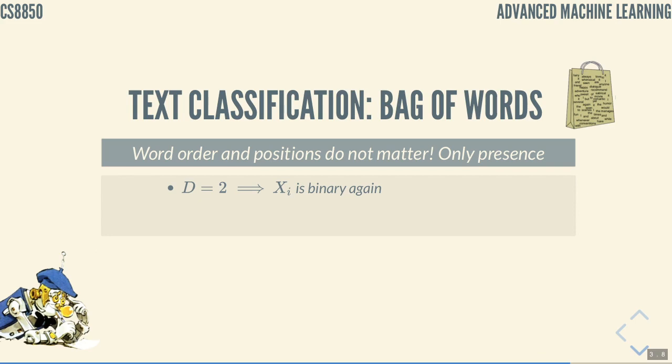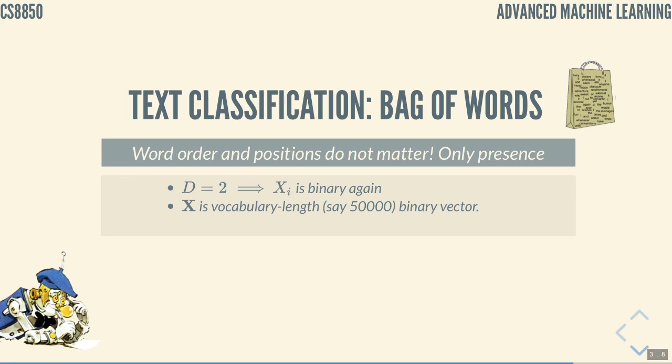So our vocabulary or dictionary is 50,000 and x is a binary vector. We take an email and for each word in this email, we flip a bit in this binary vector.